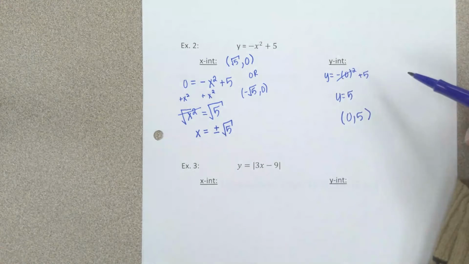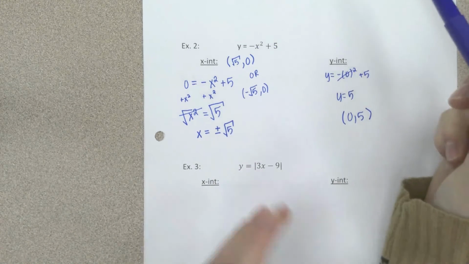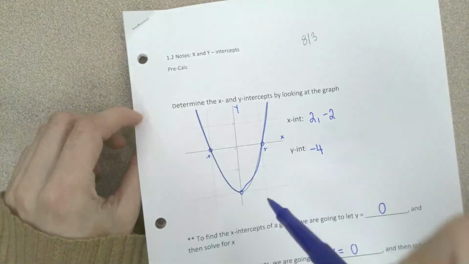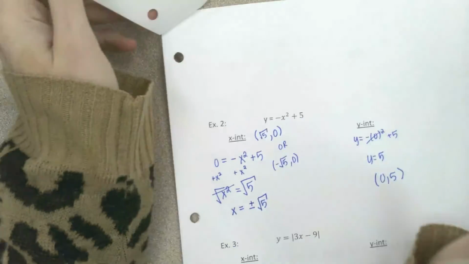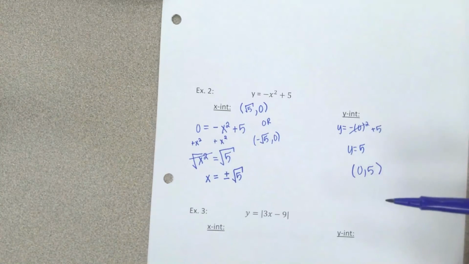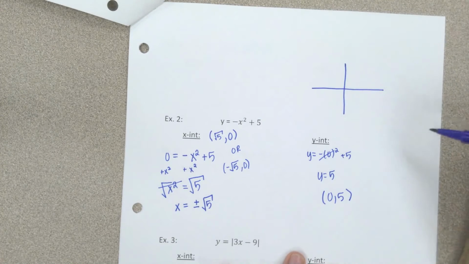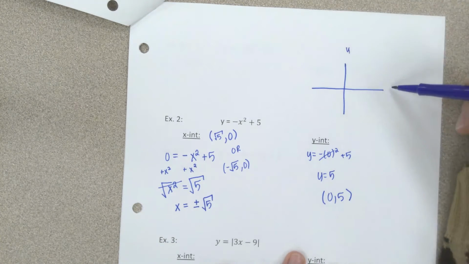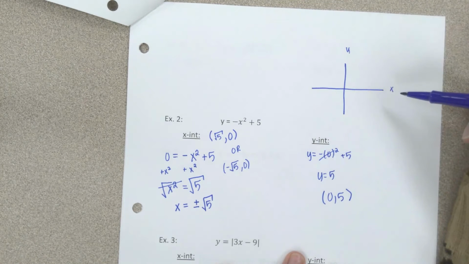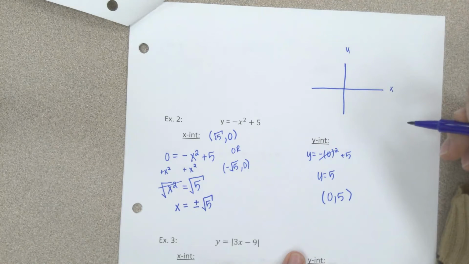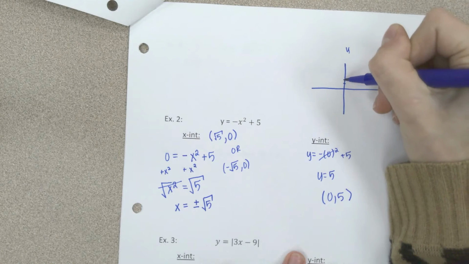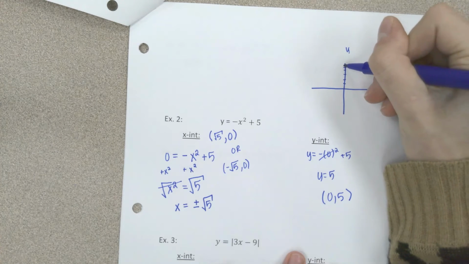So what does this even mean, right? Let's go back to thinking about our graph. If I asked you to graph this, you don't have to do anything crazy, just a simple x, y coordinate plane. Our y-intercept is at 5 here.